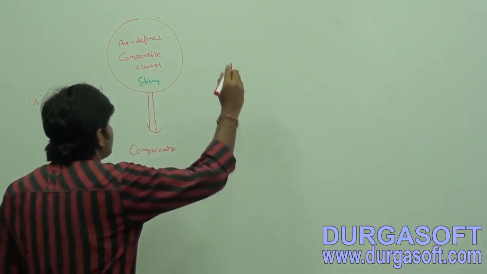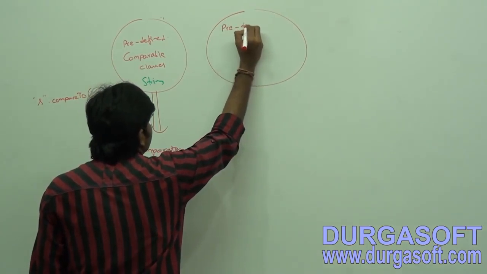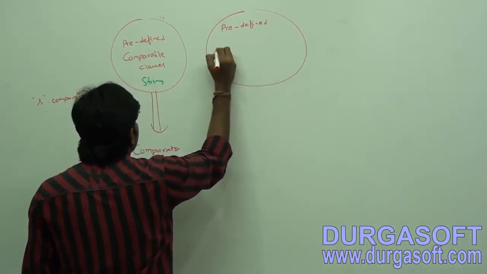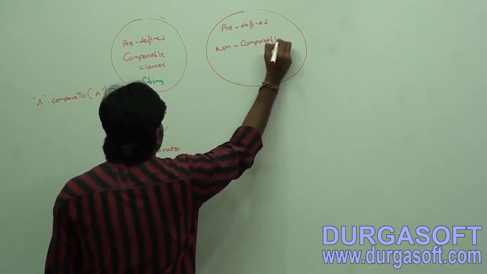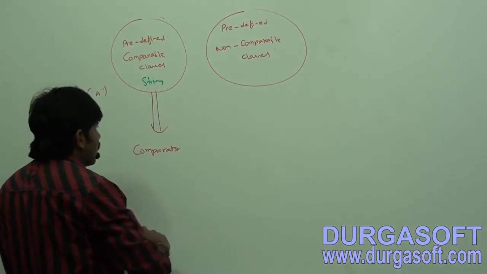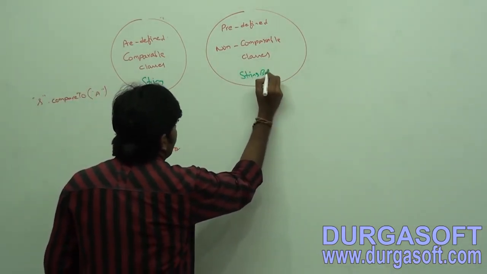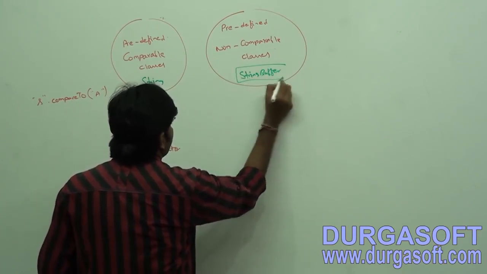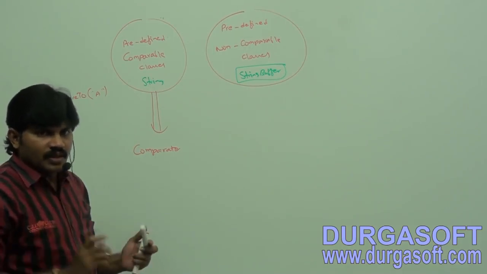Now, second category: predefined non-comparable classes, like StringBuffer. Default natural sorting order is not there.